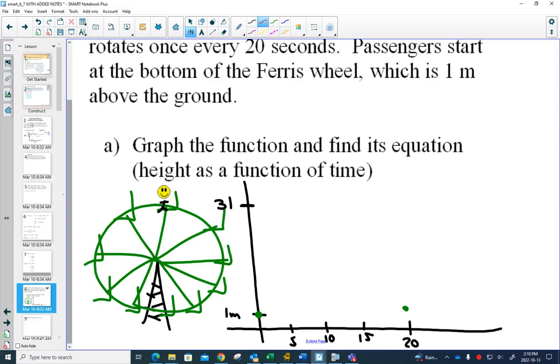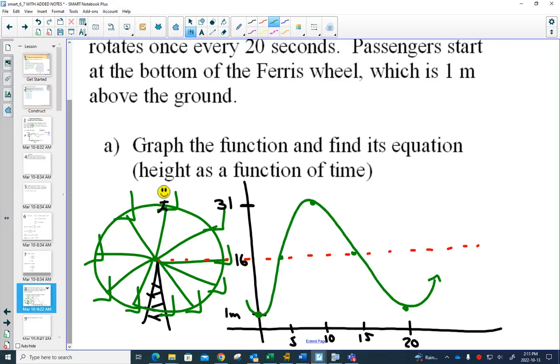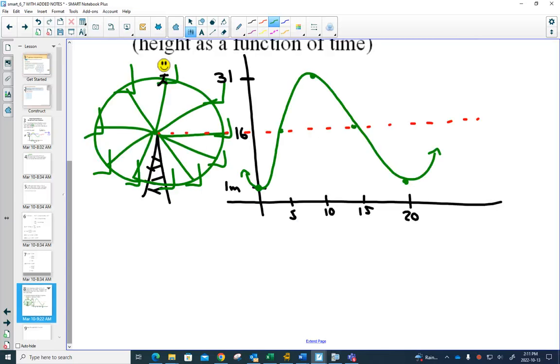You would be right here with the center line, your sinusoidal axis, which will be at 16 because it's up 15, up 15. So now we can put a point up here at maximum. At 5 it's at 16, at 15 it's at 16. And look at that. Makes a perfect sine or cosine graph. And if you can draw the graph, you can work out your equation.